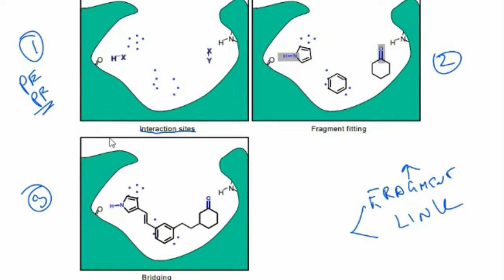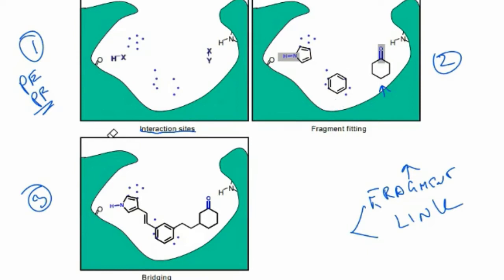Very small fragments. If you look at this structure, the 5-membered ring with NH, that is a small fragment. Here, a phenyl ring or benzene ring, that is a fragment. Here, this cyclic structure, a 6-membered ring with a carbonyl group, C double bond O, is a fragment. So these are three fragments which are fitted inside the binding site. This is not random.